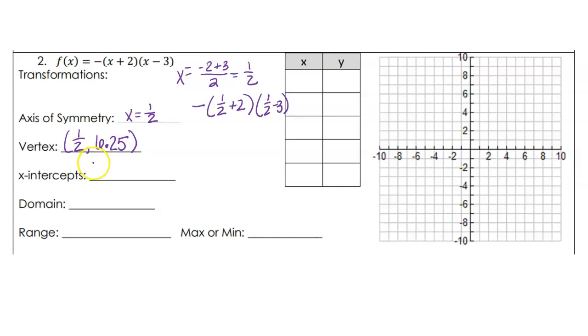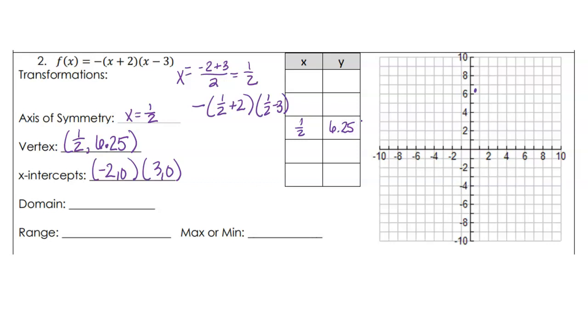We know that our x-intercepts are (-2, 0), so opposite of P, and then opposite of Q. This is going to be loads of fun to graph. Okay, so let's find our vertex at positive 1/2 and positive 6.25, right about there. Okay, so if I need some more points here, I'm going to put that in the middle.